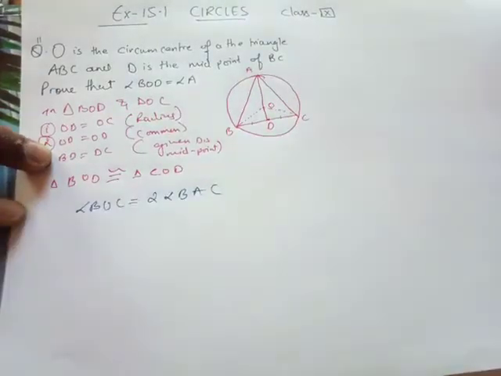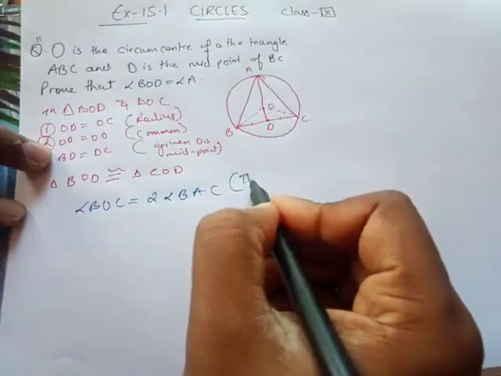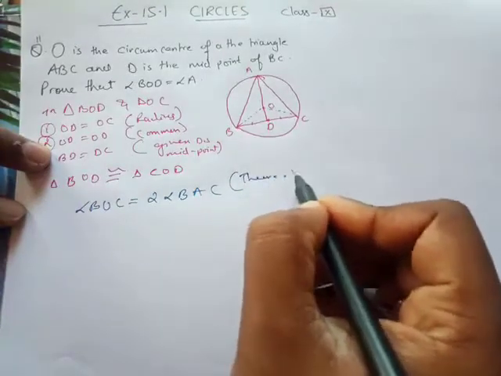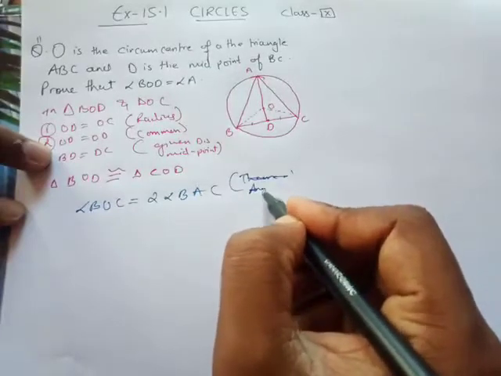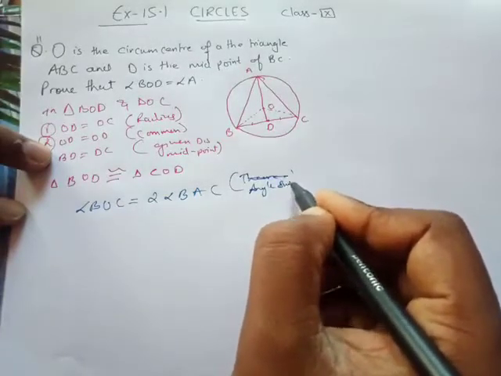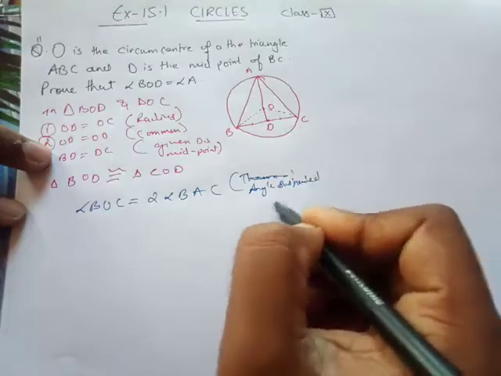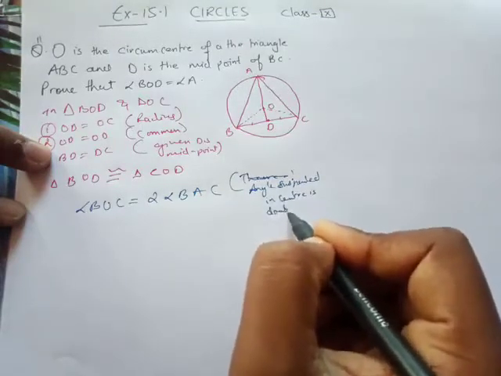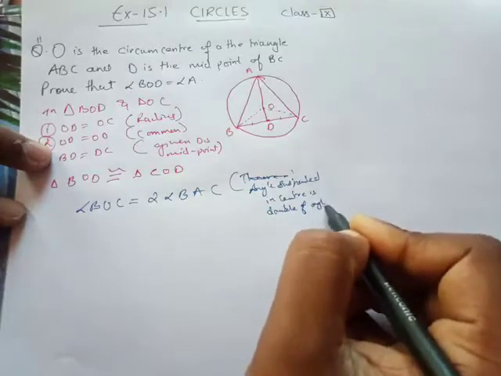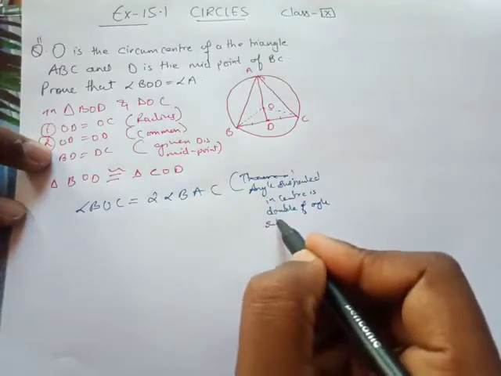Do you all agree with me or not? And the reason is theorem 1, but you don't have to write theorem 1, you have to write: angle subtended at the center is double the angle subtended on the circumference.